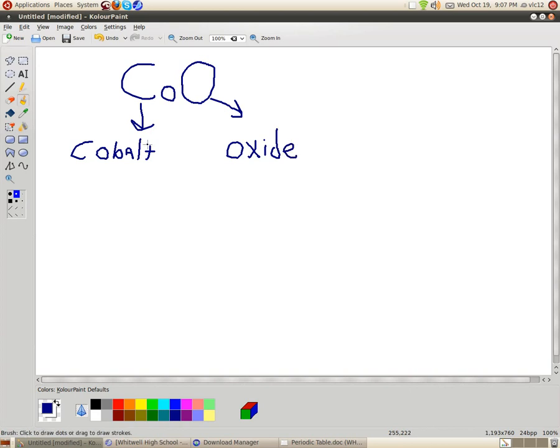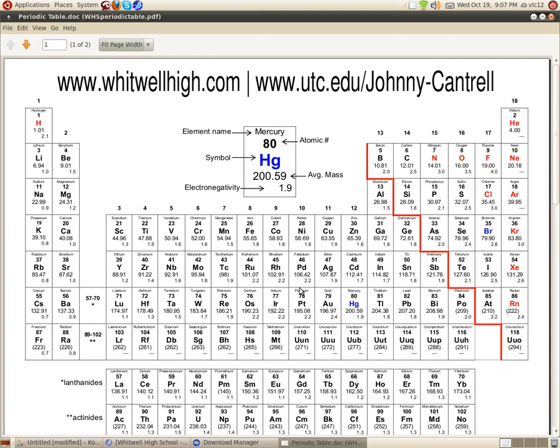Now, cobalt, if we look at our periodic table, cobalt is in column number 9, which is right here, number 27, the 27th element with 27 protons. Notice that it is a transition element, so it's got some charges that we need to look at.